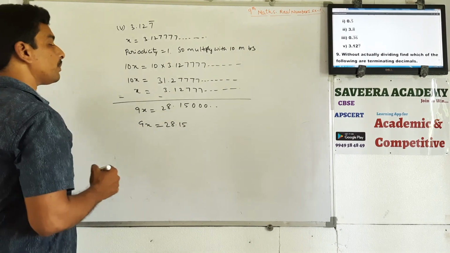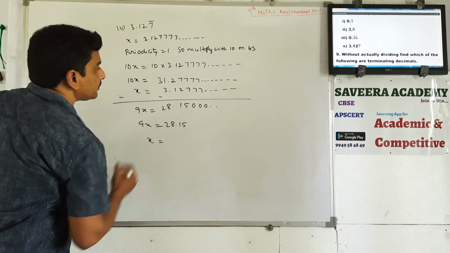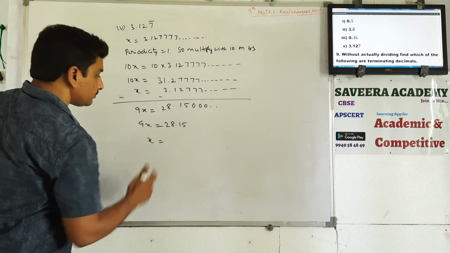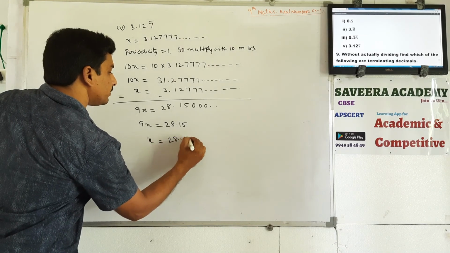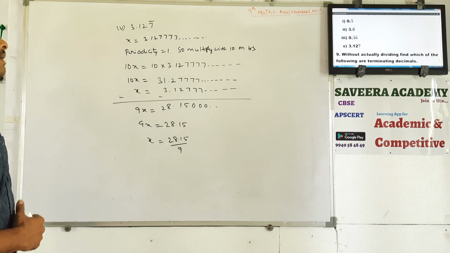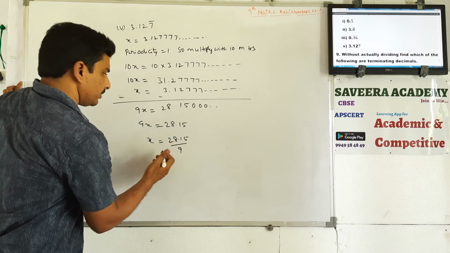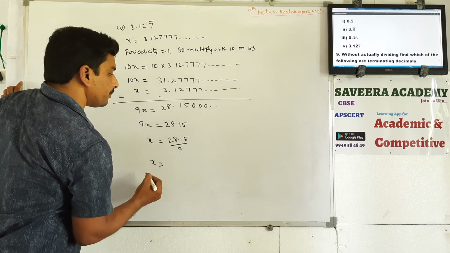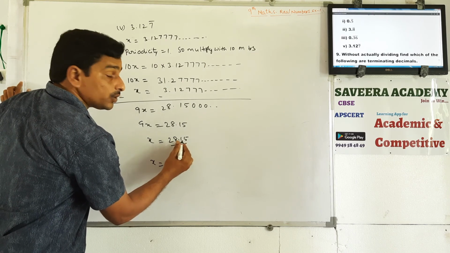28.15. We have to remember 28.15. Therefore x is equal to 28.15 divided by 9. You have to understand, now you can do like this. After the decimal point, how many places are there? 2 places are there.